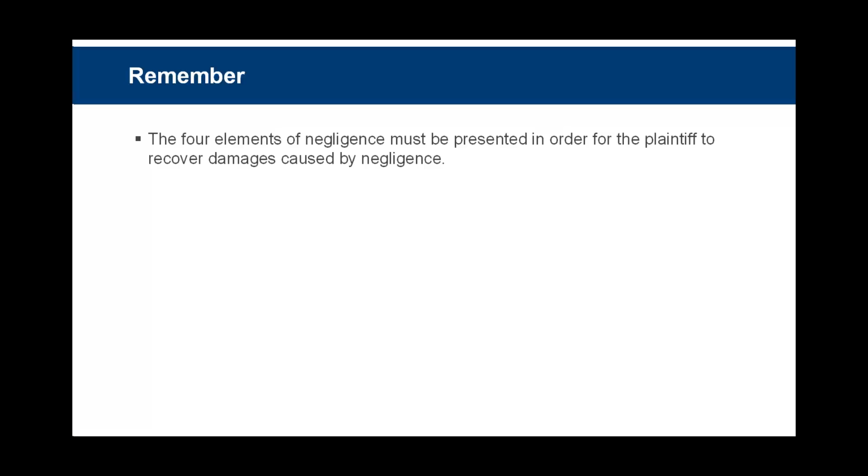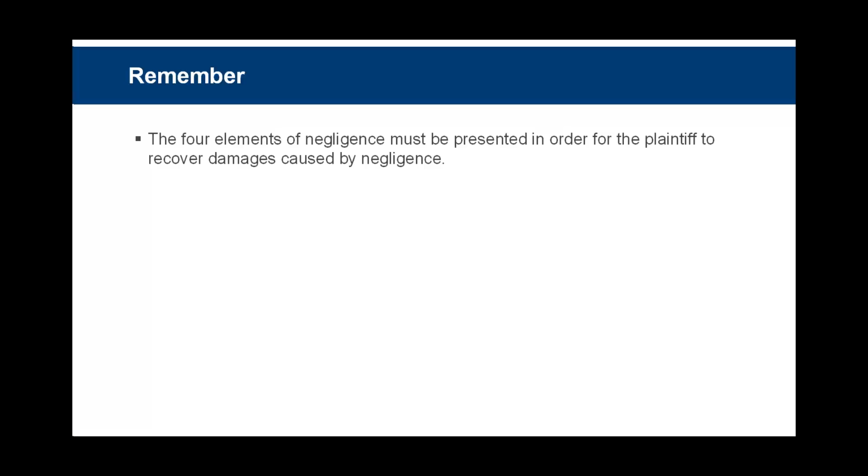To briefly recap, these four elements are duty of care, establishing that the defendant owed a legal obligation to the plaintiff; breach of duty, demonstrating that the defendant failed to meet that obligation; causation, linking the breach directly to the injury sustained; and damages, showing that actual harm or injury resulted from the breach.